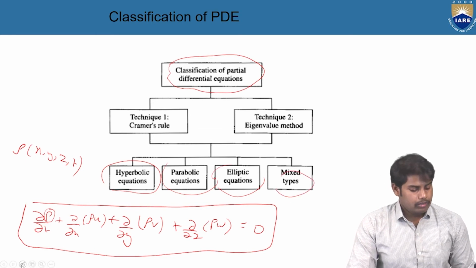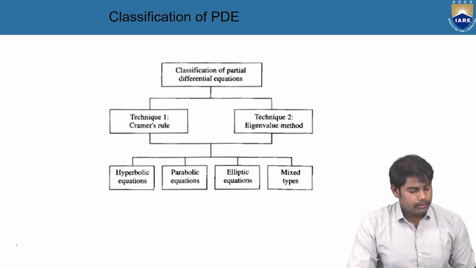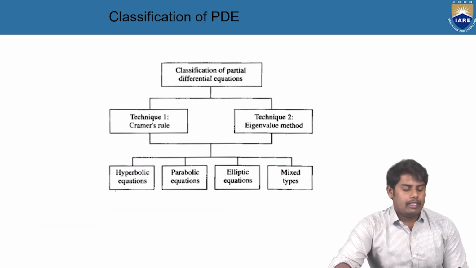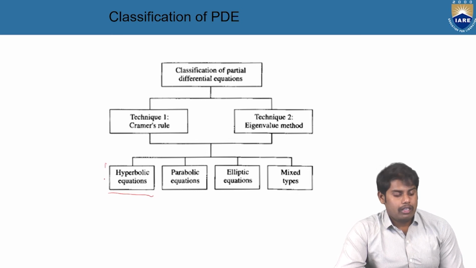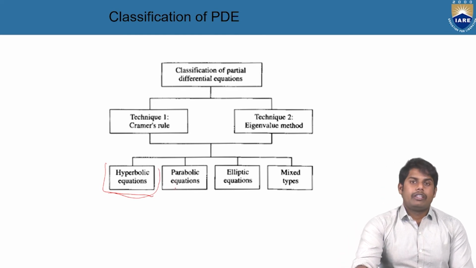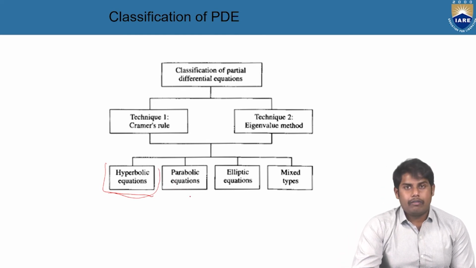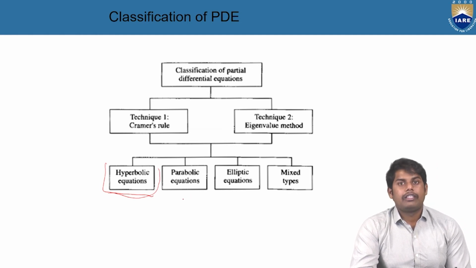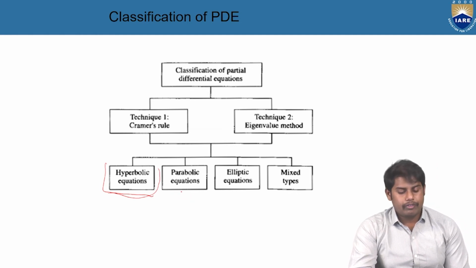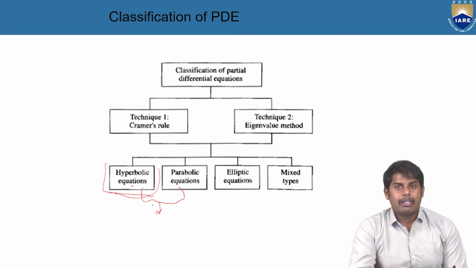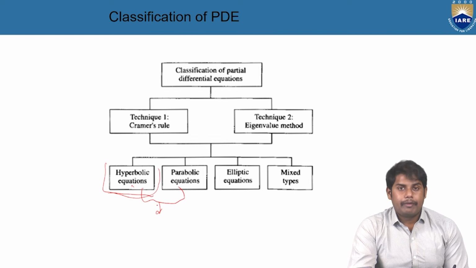The hyperbolic equations are used for the supersonic cases, and the parabolic equations are used for the transient, or near the supersonic cases, or the low subsonic cases. Basically these two are functions of time actually. So these are initial marching problems, time dependent problems.